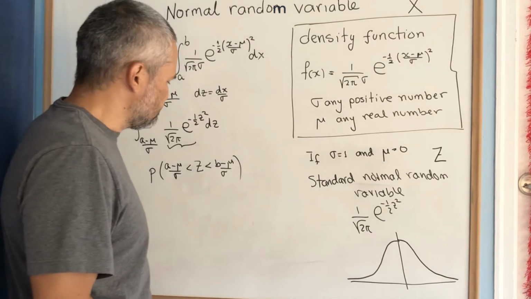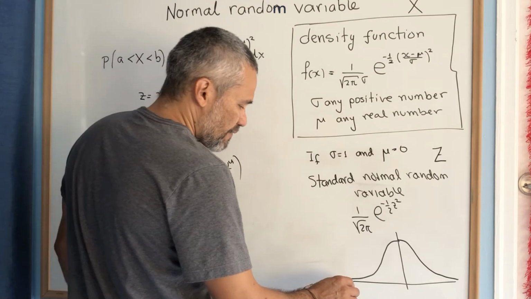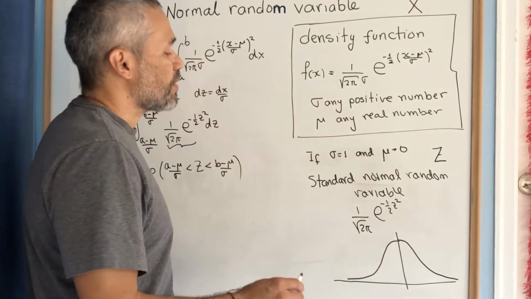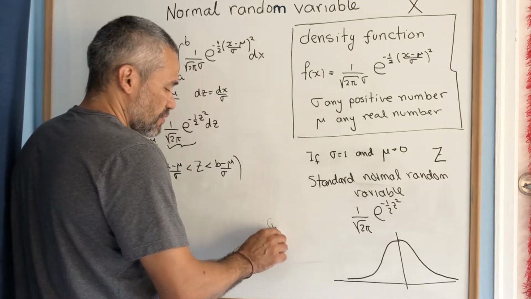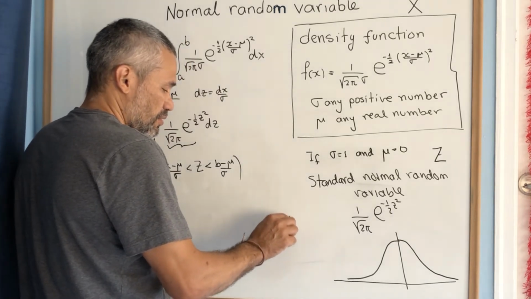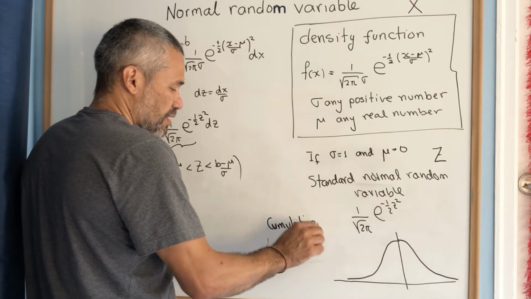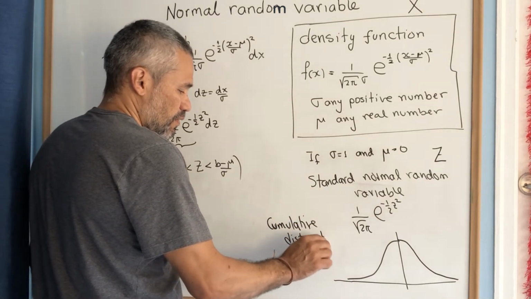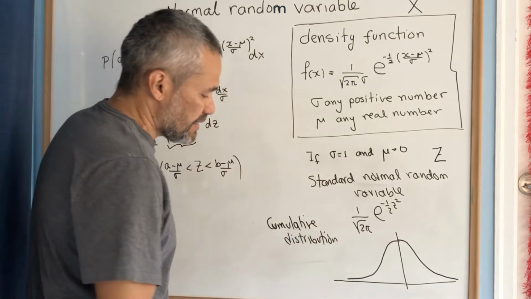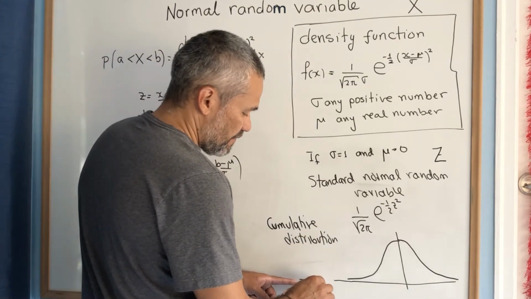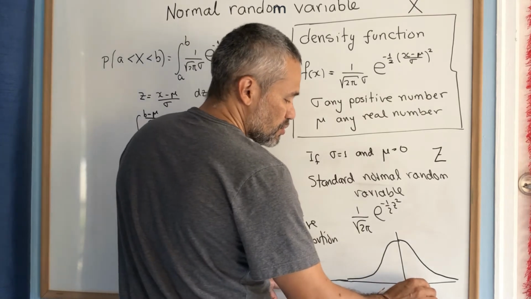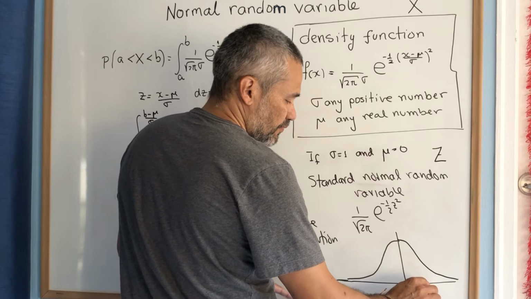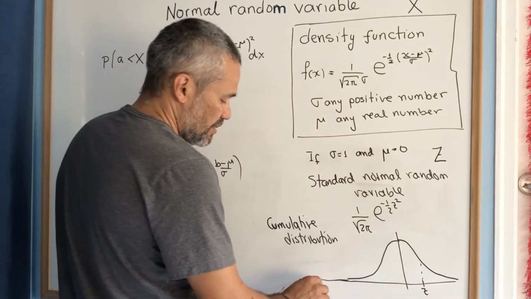But then we would like to have a formula for the cumulative distribution function, which is the integral from negative infinity up to some value, let's say little c. Then it is this integral from here to here.